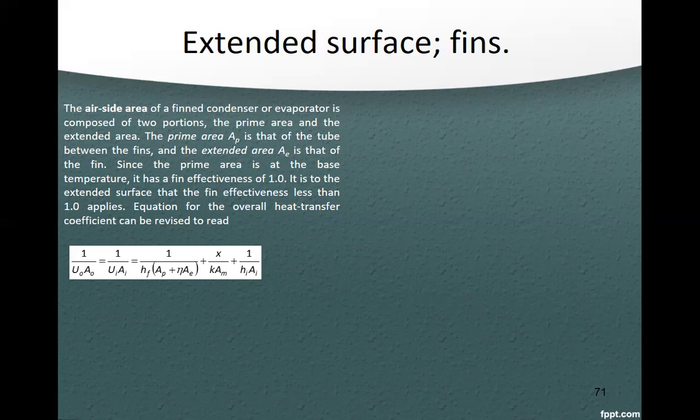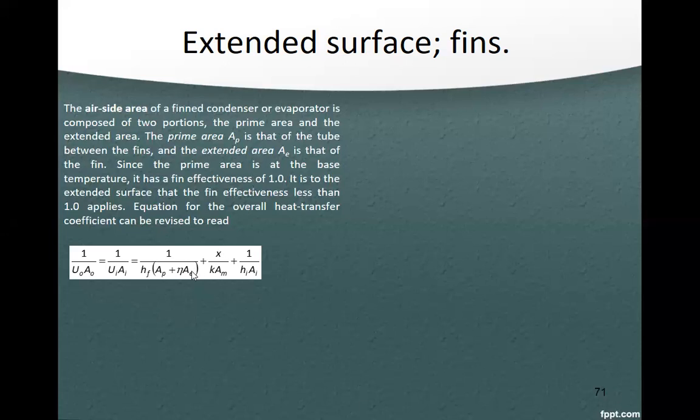So the equation for the overall heat transfer coefficient can be revised to read, if hindi siya negligible, as 1 over U_o A_o is equal to 1 over U_i A_i is equal to 1 over h_f times (A_p plus fin effectiveness times A_e) plus x over k A_f plus 1 over h_i A_i. So, mabusisi ito.